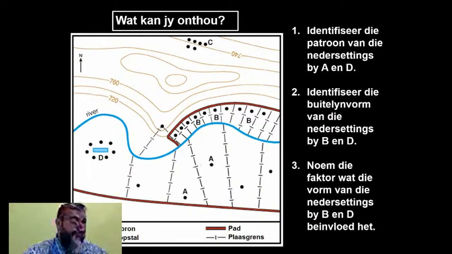But this road here and that river there gives this settlement that linear shape. And this water source, hier die waterbron, hier die nedersetting, sy ronde buitelynvorm. Okay? Are you all happy with that? Let's just go to the English, okay? Because these PowerPoints are slightly different.